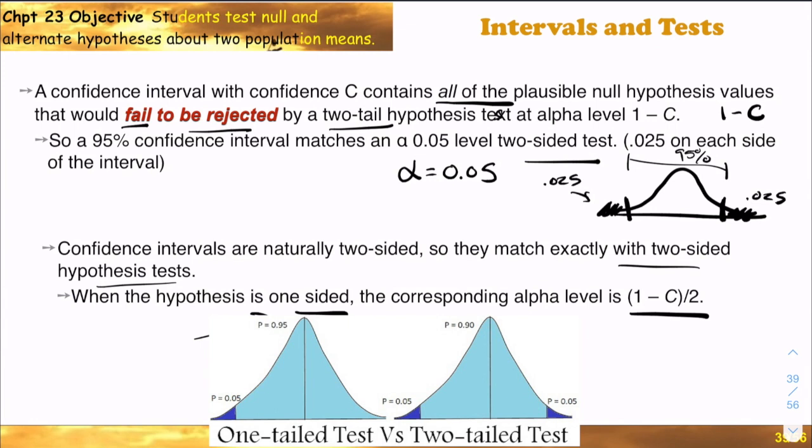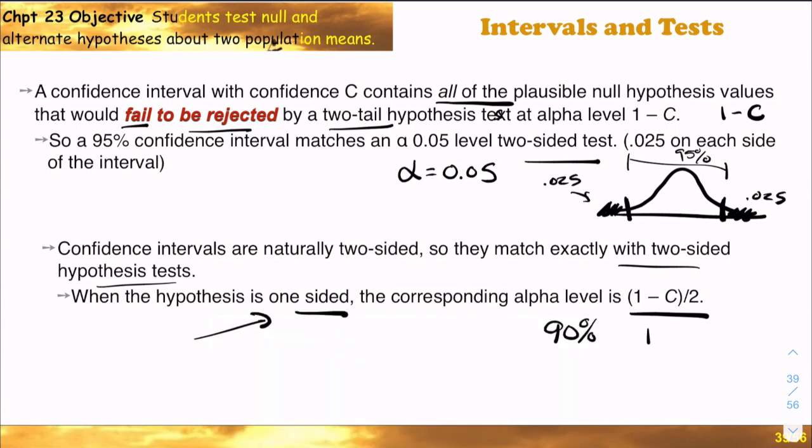So if we want a 90% confidence interval on a one-sided test, let's say greater than or less than, then we would do (1 minus 0.9) all over 2, which means we'd use an alpha of 0.05, not 0.1. But with a two-sided test, with a 90% confidence interval, it would be 0.1.